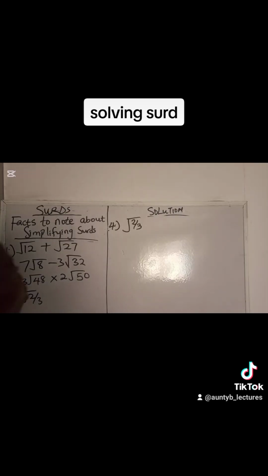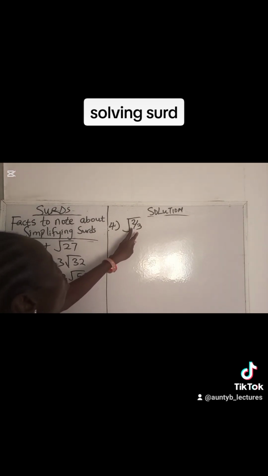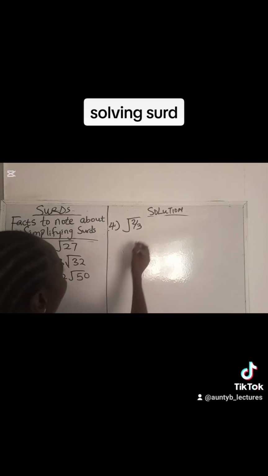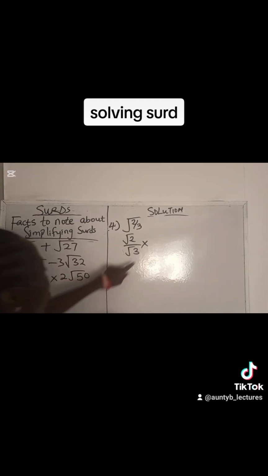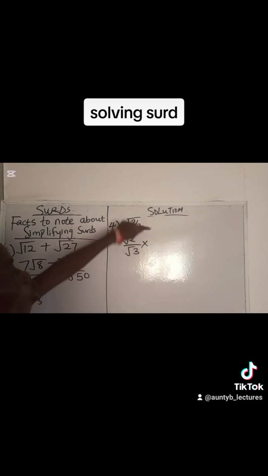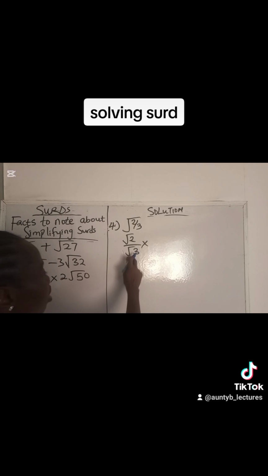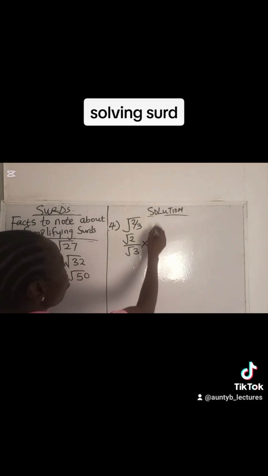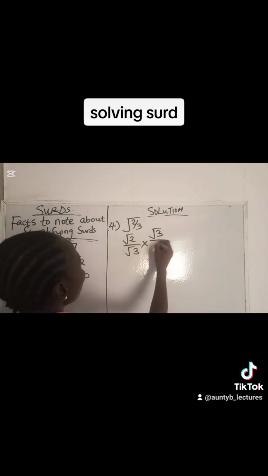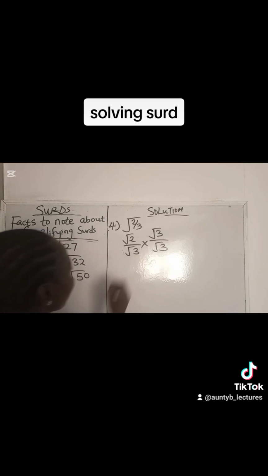Question number 4. We have root 2 all over root 3, and we are writing it this way. Root 2 all over root 3 times, we are repeating this denominator for both numerator and denominator. This denominator has to be repeated both up and down, which is root 3 all over root 3.